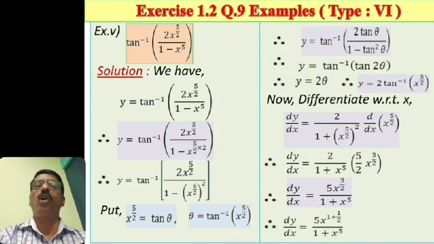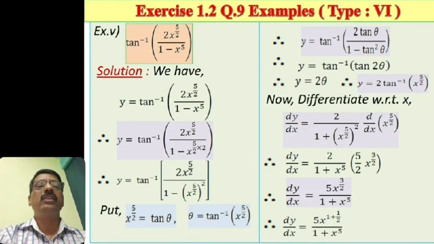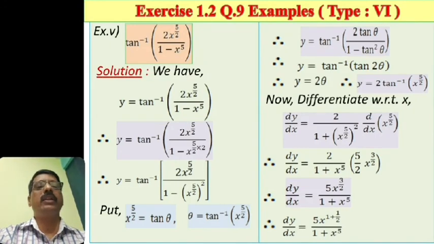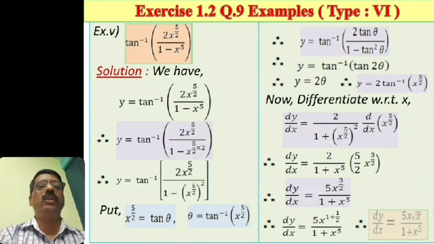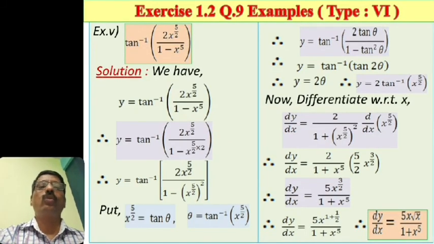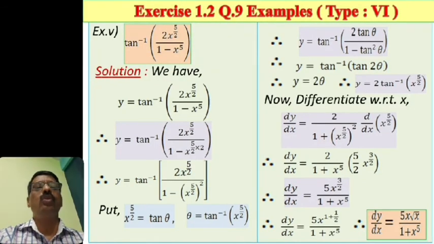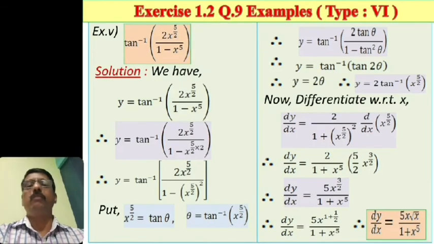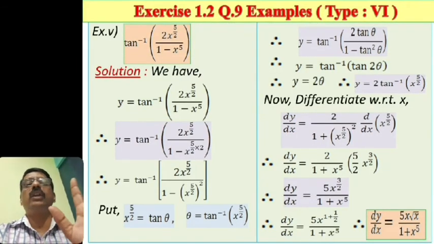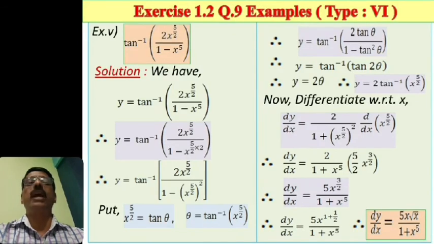Again by implementing the formula of indices, a raised to m plus n equal to a raised to m into a raised to n, it can be written as dy by dx equal to 5 into x raised to 1, that is x, into x raised to 1 by 2, that is root of x, divided by 1 plus x raised to 5. That means dy by dx equal to 5x root of x upon 1 plus x raised to 5, only simplifying the given function. That is the derivative of the given function tan inverse of bracket 2x raised to 5 upon 2 divided by 1 minus x raised to 5.